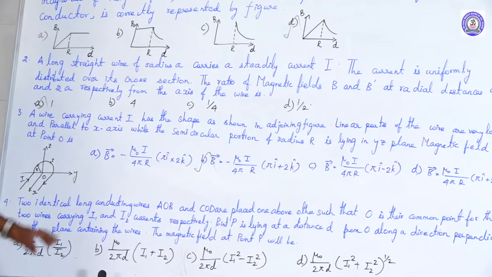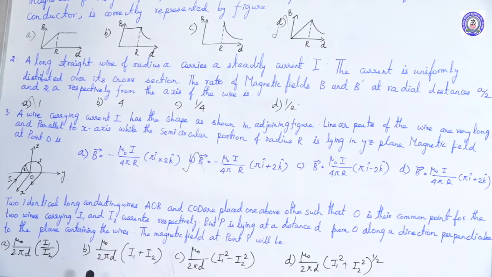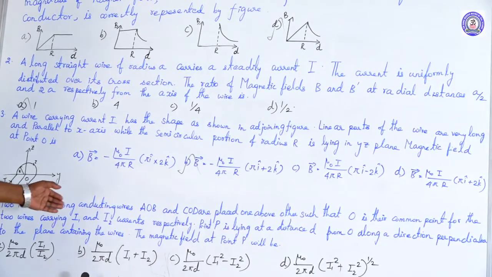Two identical long conducting wires, that is, we consider both as infinite long conductors. The first one is represented as AOB and the second conductor is represented as COD.